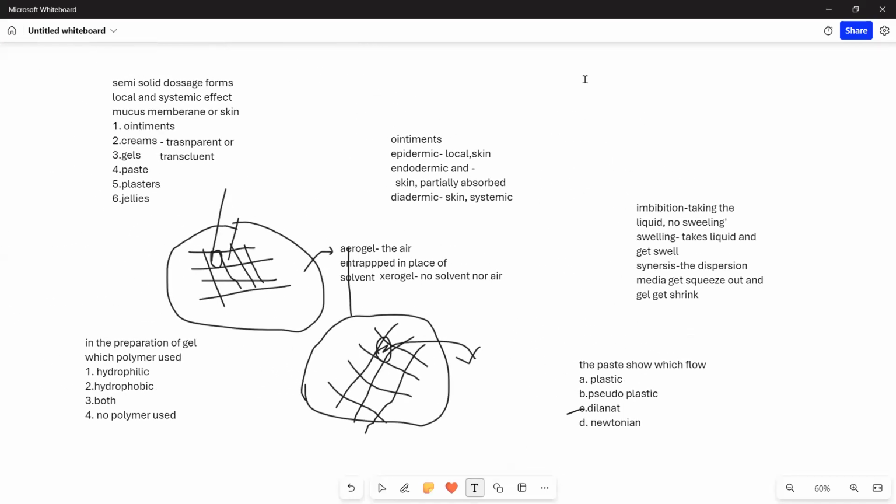So another one, guys, could you please tell me the types of drug transportation mechanisms through skin? What are the different types of transportation through which the drug enters into the skin? Come on, guys.